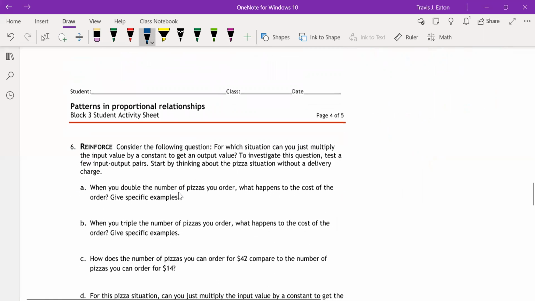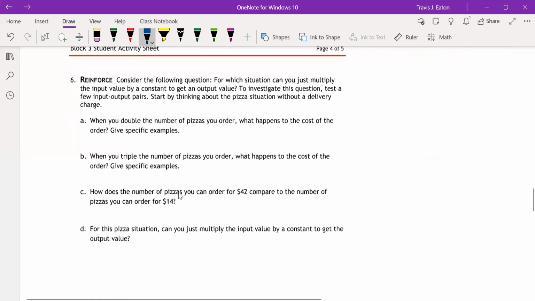Okay, so that takes us on to number 6. Now we're into the questions that you would normally be answering on your own, but we've got time, so let's take a look. Consider the following question. For which situation can you just multiply the input value by a constant number and get an output number?